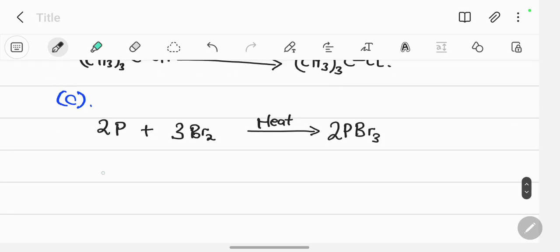Then bring your tertiary alcohol, CH3, 3, carbon bonded to OH.